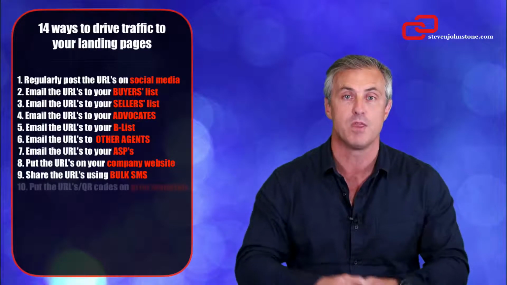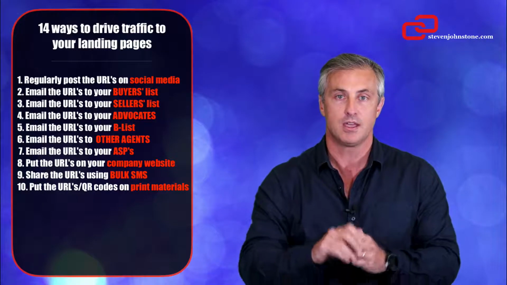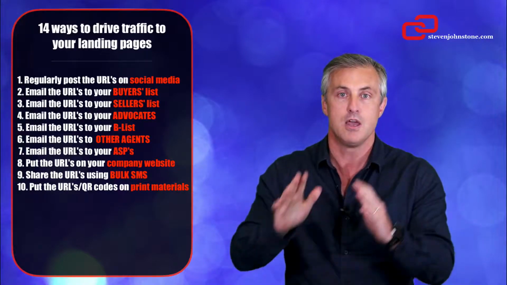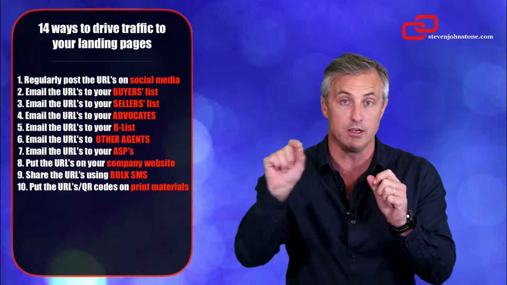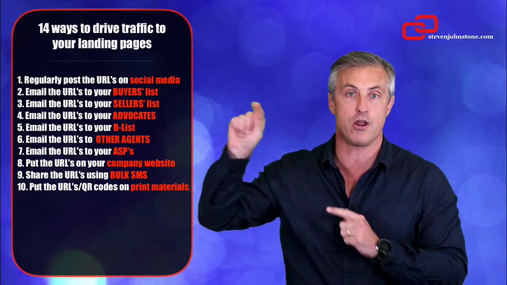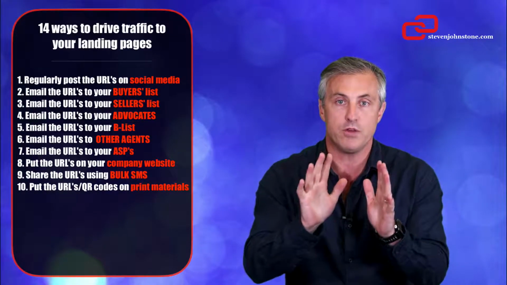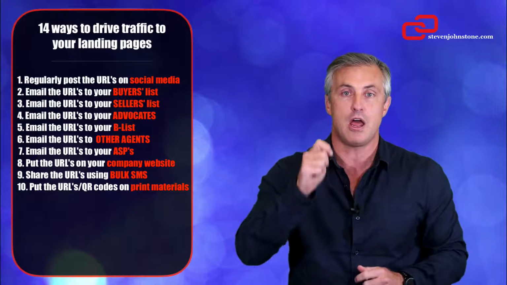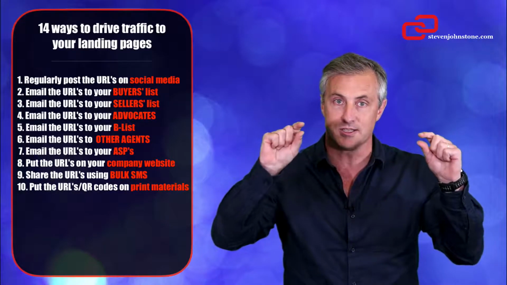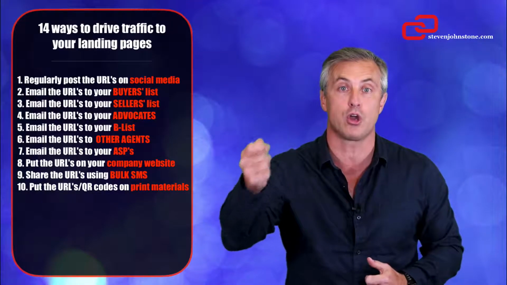Right, number 10, make sure that your listing specific landing pages, the ones that you build for each of your mandates, have those URLs on all printed material regarding that home, like your flyers, for example. Now, you've got one of two options when you do that. You can either print the website address itself, or you can use what is known as a QR code.